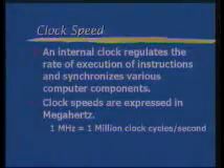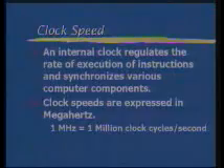After all, what is this thing? Well, a clock is an internal device of a processor which regulates the rate of execution of instructions and synchronizes various computer components.